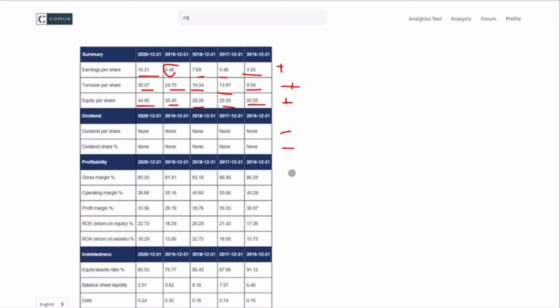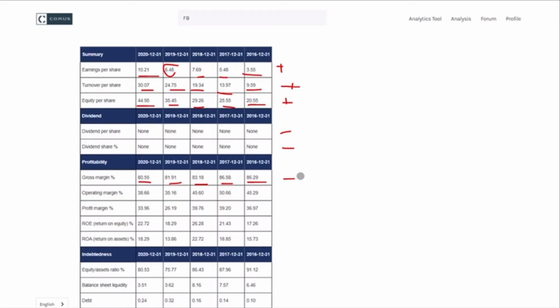Gross margin went from 86% down to 80.5%, and has been moving lower ever since, so that's a minus. Facebook needs to take a look at it. Still high numbers, 80.5% is a high number, but the overall trend is negative. Their operating margin went from 45% down to 38.6%, and went up a couple of years and then fell off.